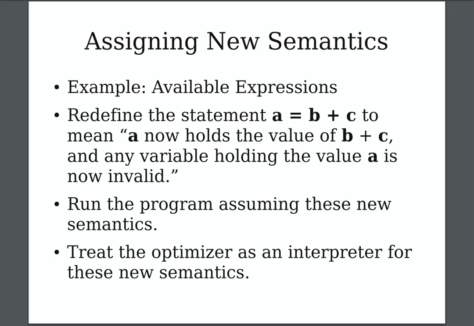But if we want to understand, at least for available expressions, what the available expressions are at every point in the program, we can redefine the meaning of A equals B plus C to mean, well, after we see A equals B plus C, we know that symbolically the variable A holds whatever the value of B plus C is going to be.